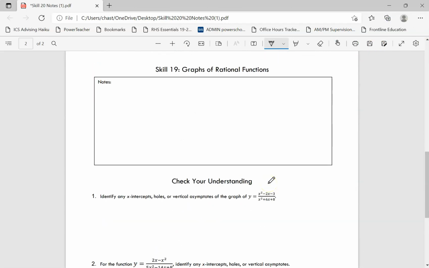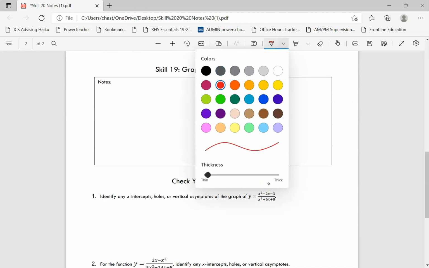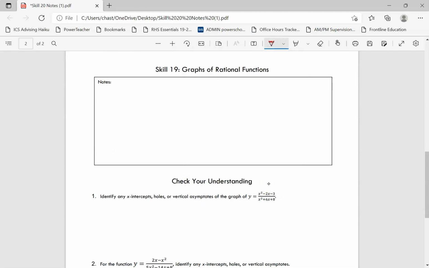Okay, so what does this mean? It means that when we are looking at rational functions, numerators not canceled out tell x-intercepts. You need to write these down.